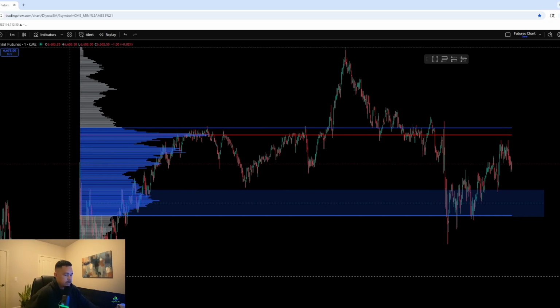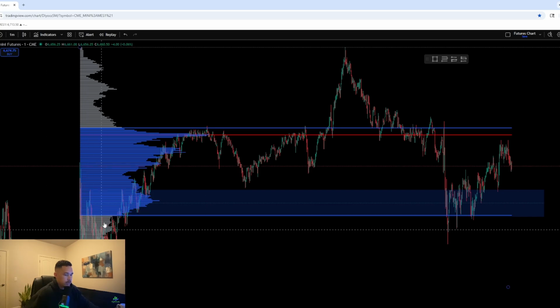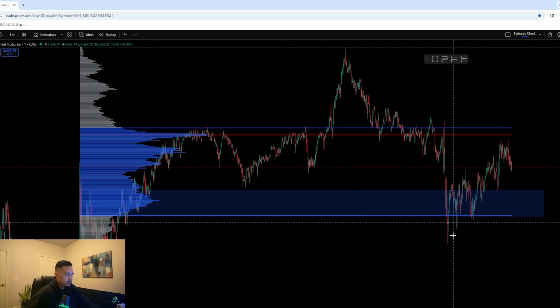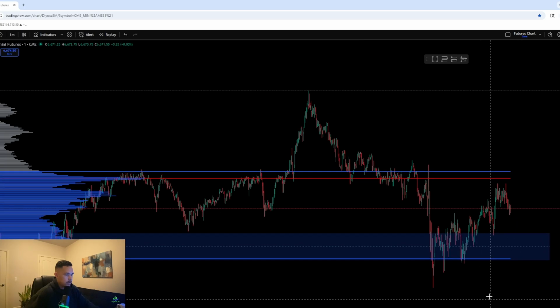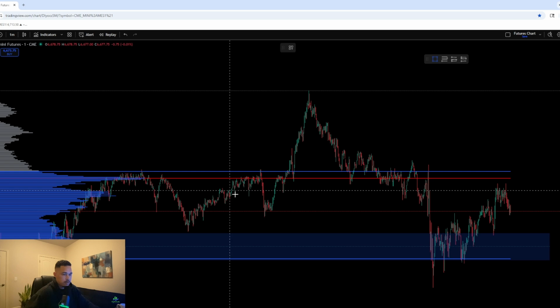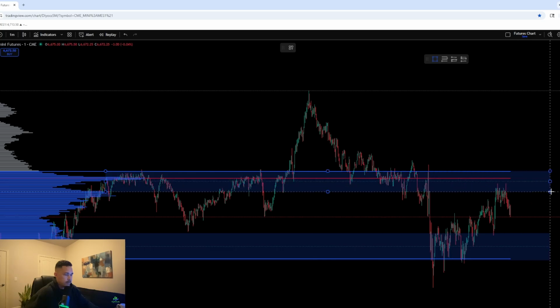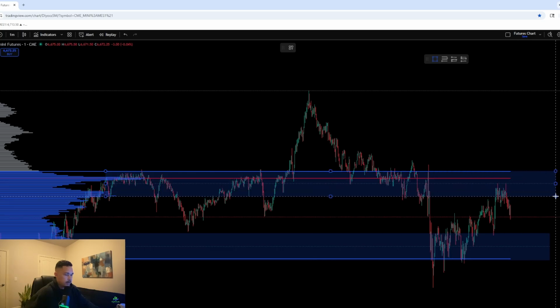This is where price reversed way down here, came up and started using this level as support. And then let's also mark out the resistance area too. We have a lot of volume trading inside of this area, from 6684 to 6677.